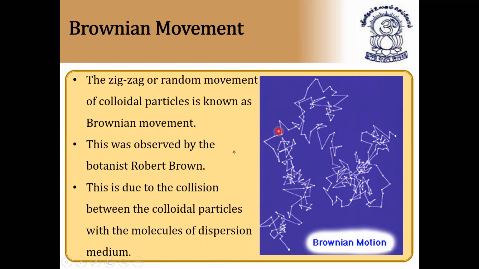This is due to the collision between the colloidal particles and the molecules of the dispersion medium. The dispersed phase particles and the dispersion medium collide with each other. This is nothing but Brownian movement. I hope it is clear.